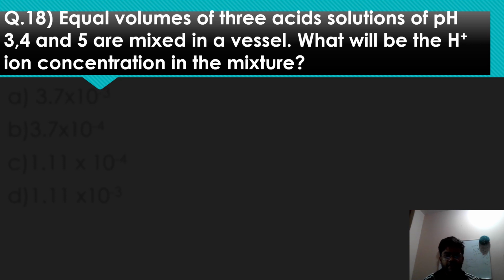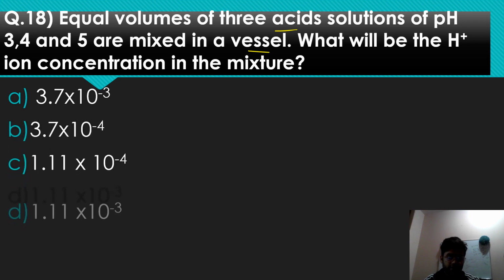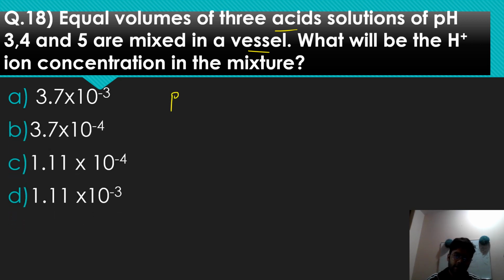Equal volumes of 3 acids, with pH 3, 4 and 5, are mixed in a vessel. What will be the H plus ion concentration in the mixture? It is a very easy question. We are given pH 3, 4 and 5.